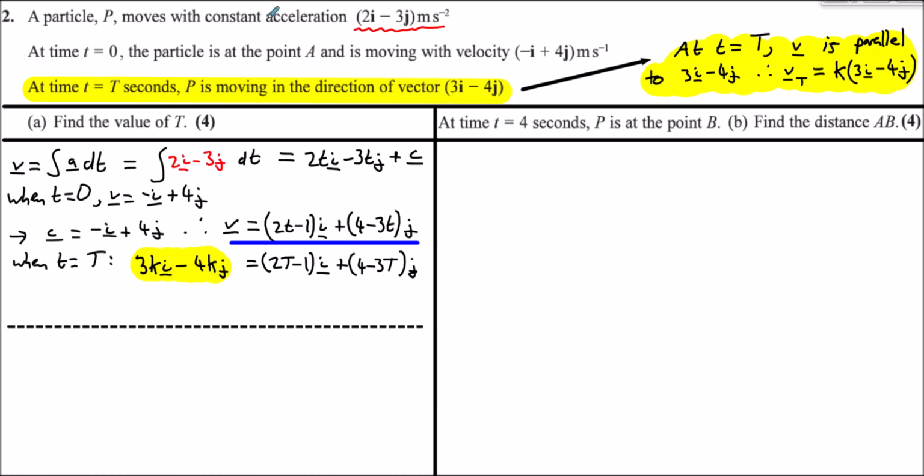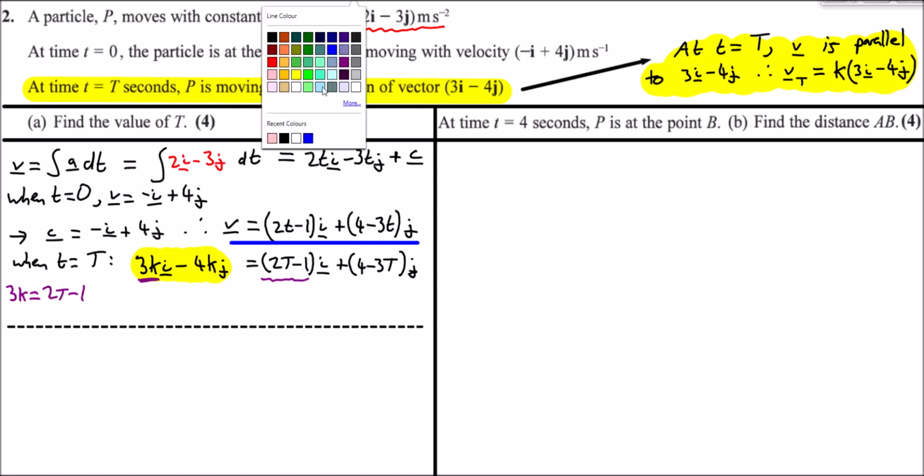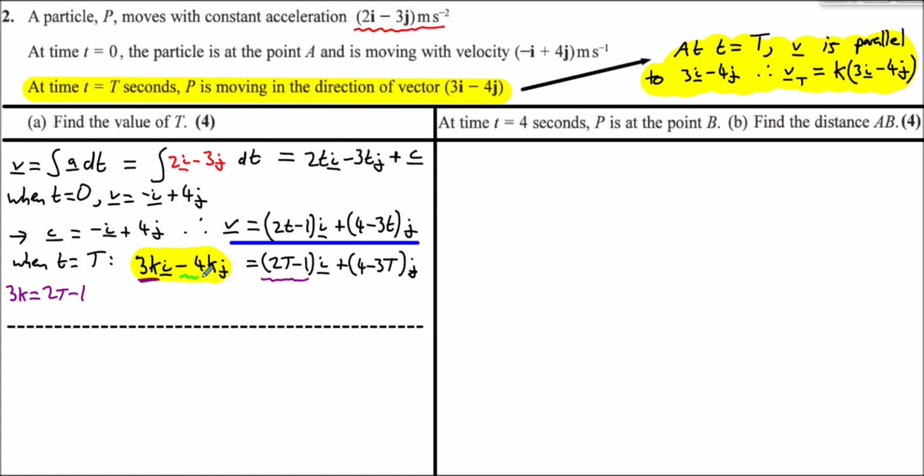Because one is equal to the other, I can deduce that the 3k, the component of i here, must be equal to 2t minus 1. So I can say 3k equals 2t minus 1. And in addition to that, this minus 4k here, the component of j, must be the same as this 4 minus 3t. So therefore minus 4k equals 4 minus 3t.